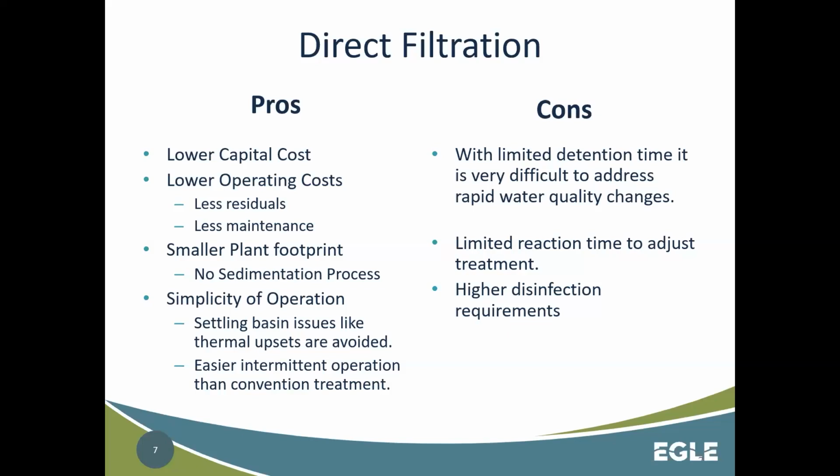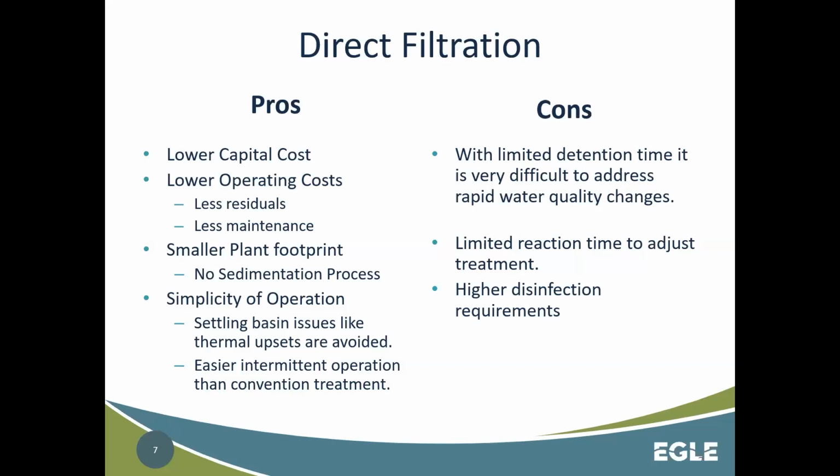I would argue that most of the time a direct filtration plant will have lower operating costs. You're not going to have as many residuals that you would have to dewater and dispose of, less maintenance, and it's a little simpler to operate because you don't have that settling step in there.